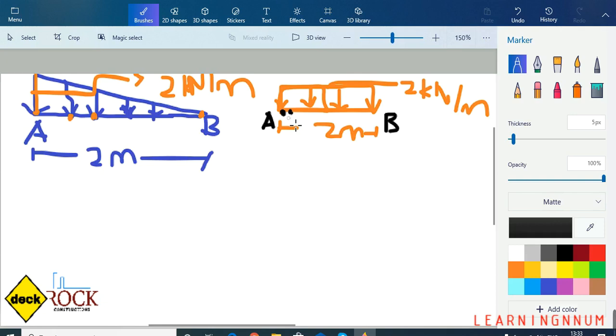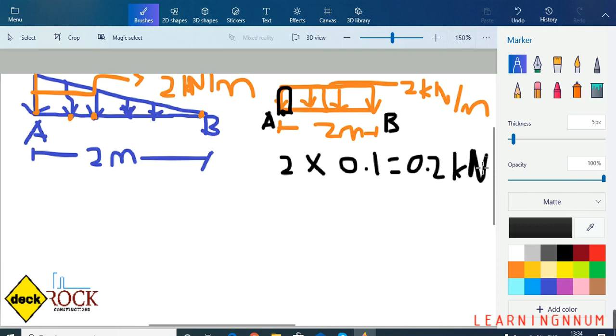And the total load acting over a distance of 0.1 meter from A would be 2 kilonewton into 0.1, so how much would that be? 0.2 kilonewton. Understood, right?